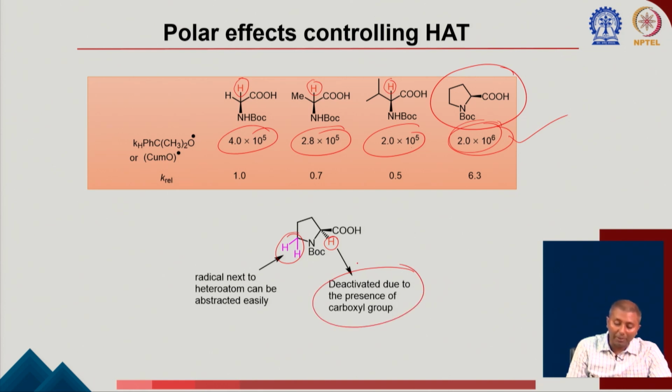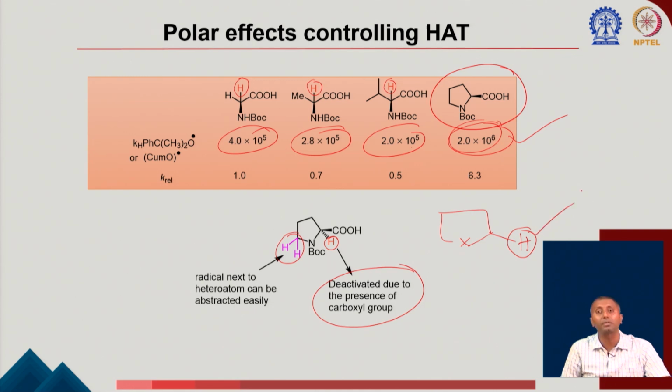These hydrogens are attached next to the nitrogen, so these are C-H bonds next to a heteroatom. So if you have a scenario where you have an X and this hydrogen, and this hydrogen is getting abstracted, then you have to understand that the lone pair of this X can donate electron density to the corresponding sigma star of this C-H, so it makes it more activated for the hydrogen atom transfer.